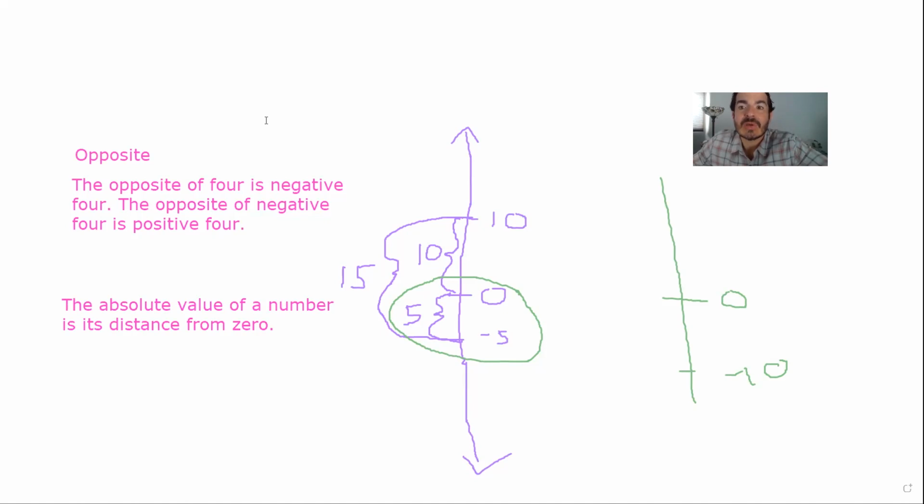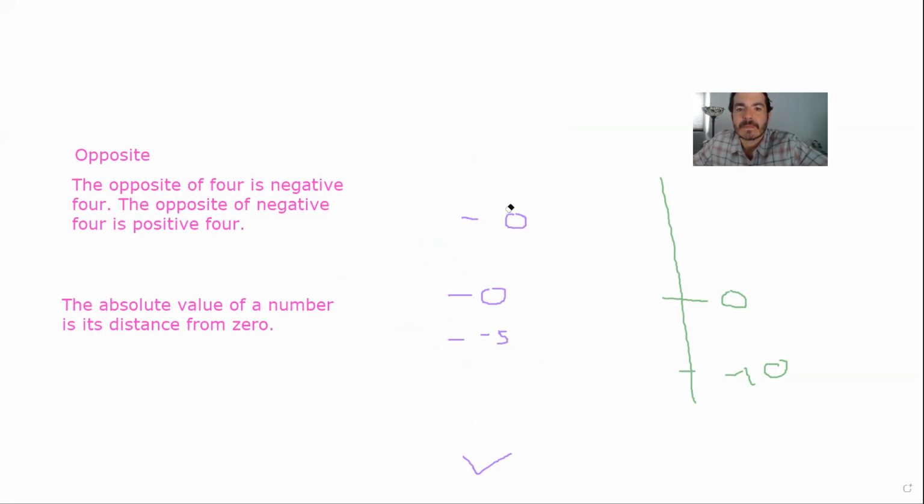And we have some notation that we use for that. It's absolute value bars, and they look like this. Let me erase some of this stuff so we can see it a little bit more clearly. So the absolute value bars look like this.